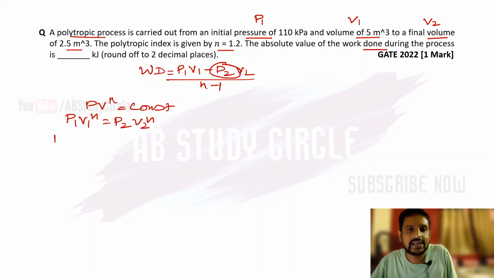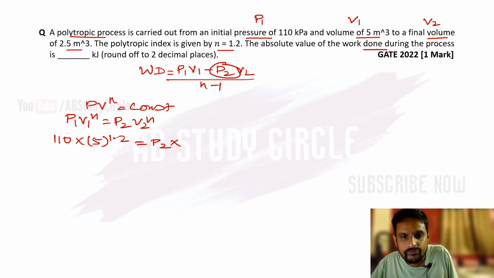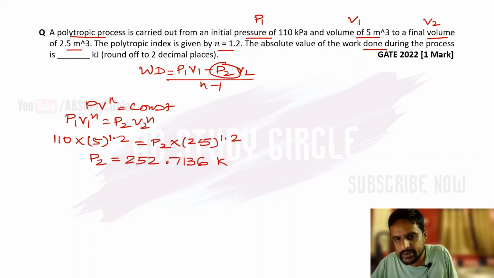That means P1 is 110 multiplied by 5 to the power 1.2, P2 is unknown, V2 is 2.5 to the power 1.2. From this we can find P2 as 252.7136. If you calculate it, you will get it, right? So we have already found P2.